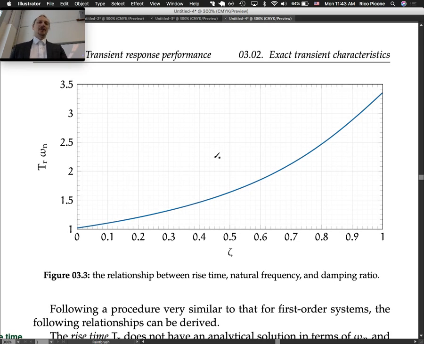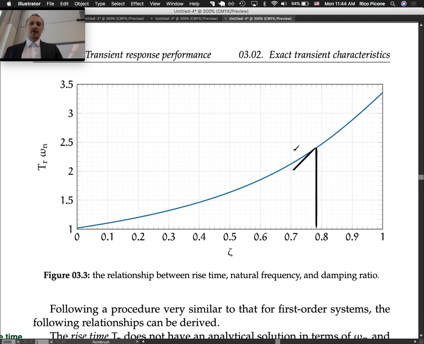So this is actually legitimately what I expect you guys to use to find rise times for second order systems. And how you do it, you can go either way with this. You can go from a rise time to a damping ratio, or you can go from a damping ratio to a rise time. So say you had a 0.78 damping ratio.